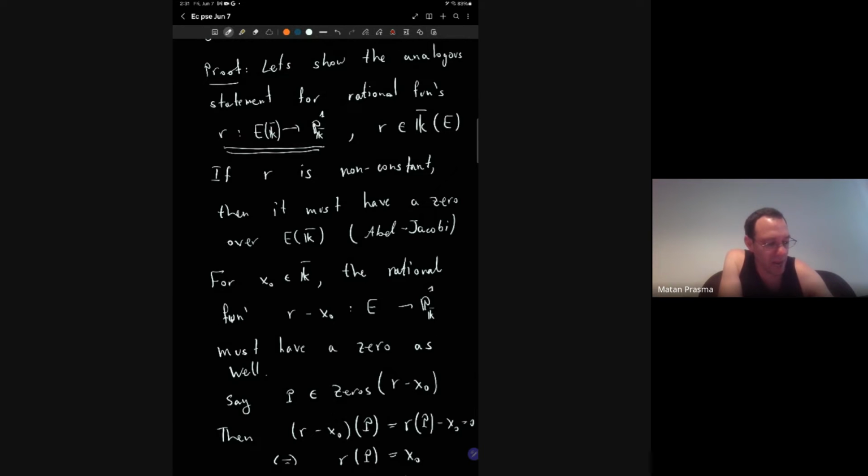So I'm saying if R is not constant, then it must have a 0. Why does it have to have a 0? Because if it is not constant, then it is a quotient of polynomials, right?